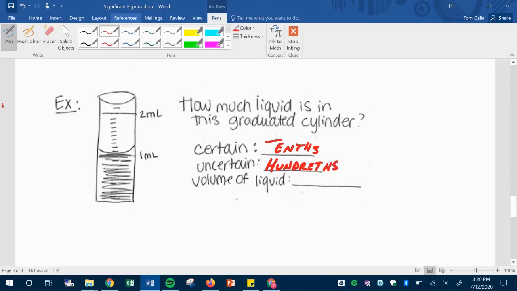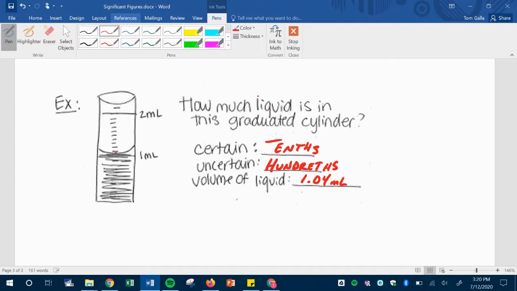As we're looking at this, we see that it's 1, it's a little bit above that, but it's below the 1.1. So we would call this volume of liquid something like 1.04 milliliters.